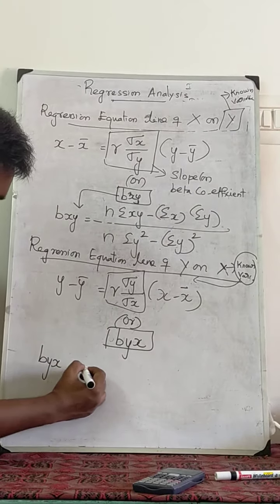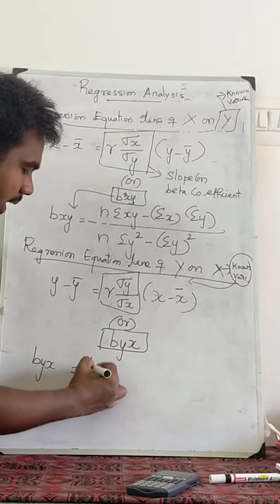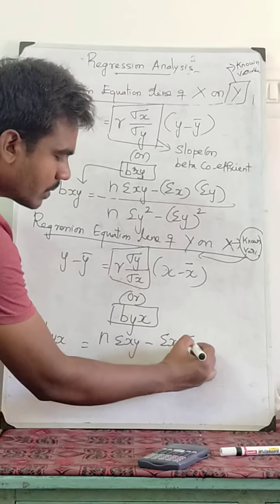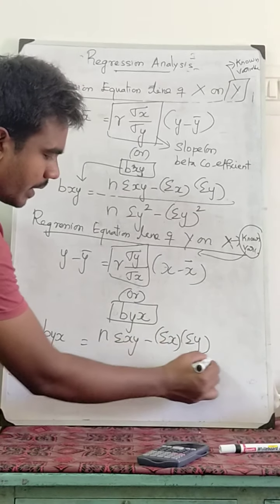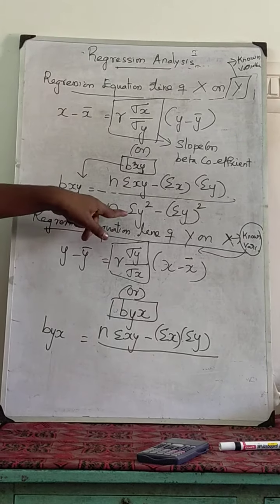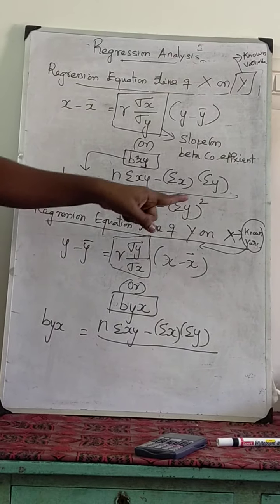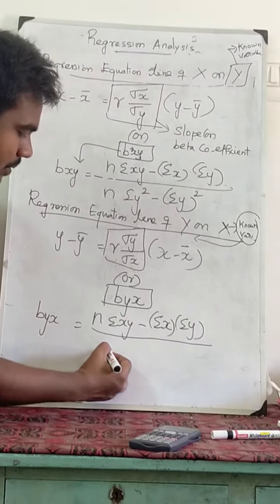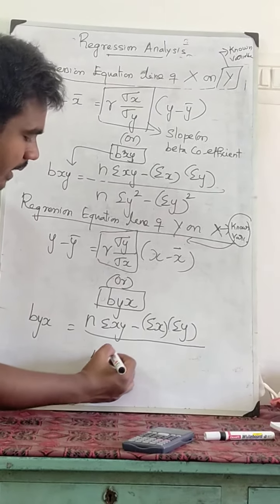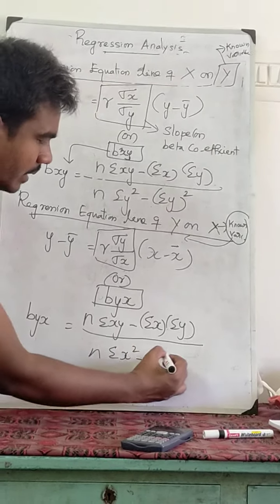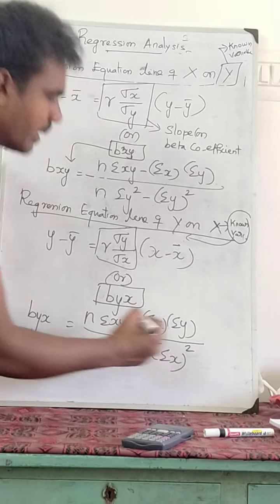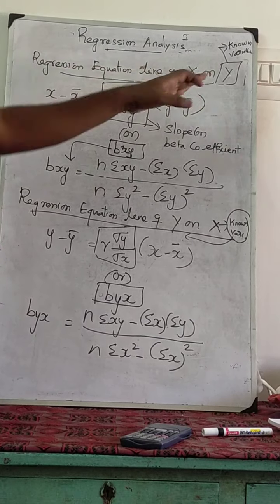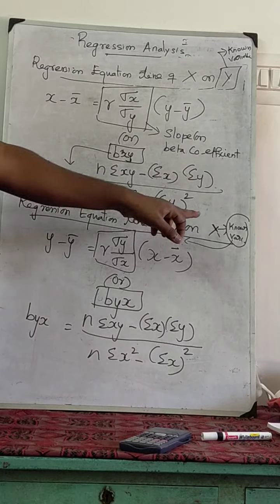Byx equals the same numerator, n into sigma xy minus sigma x sigma y, divided by, there we used y because we knew the value of y, but here we have to use x. So here it is n into sigma x square minus sigma x whole square. Okay, so this is the regression equation line of x on y, and the regression equation line of y on x.